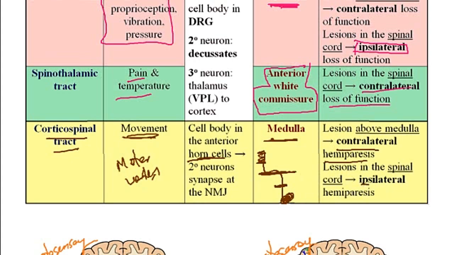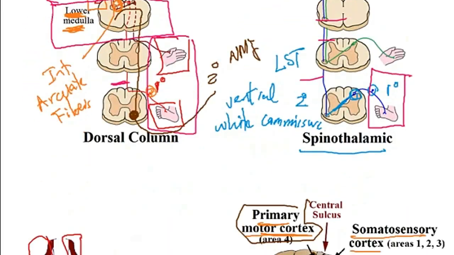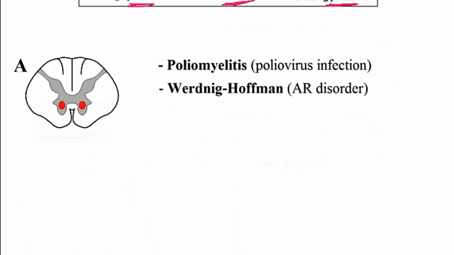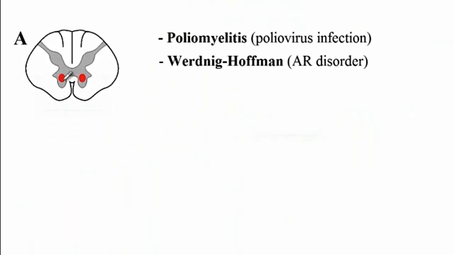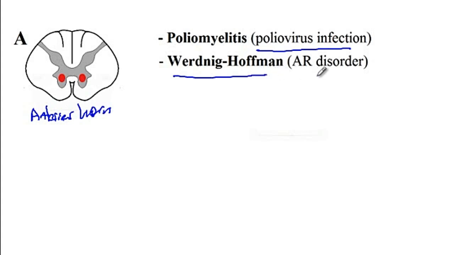Alright, now with this information in mind, we can go through the lesions that I've shown you earlier. So in this first condition, we have lesions in the anterior horn of the spinal tract. And the two conditions that are associated with lesions of the anterior horn are poliomyelitis, which is caused by the poliovirus infection, as well as Werdnig-Hoffmann syndrome, which is an autosomal recessive disorder.